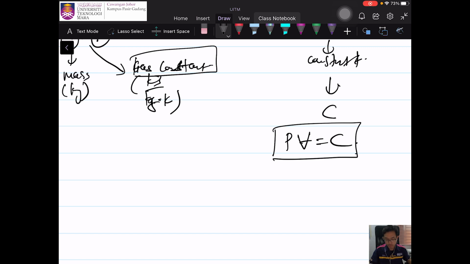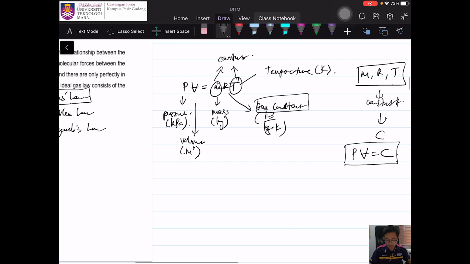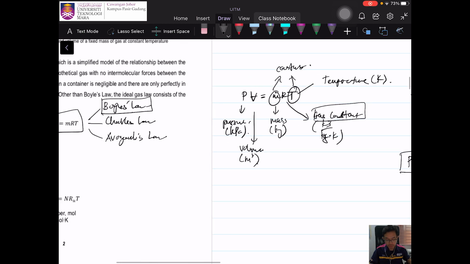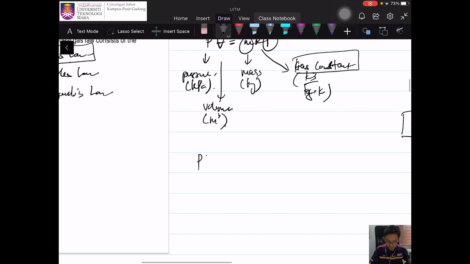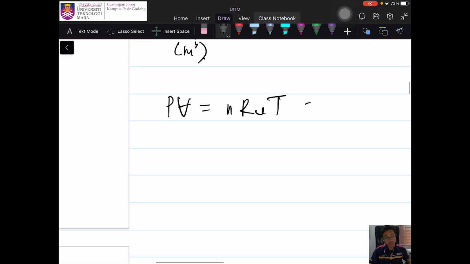Okay, so in the other equation, which uses the number of moles for the ideal gas equation, PV equal to N Ru T, this equation is also related to Boyle's law, but the only difference is that the number of moles replaces the mass of the gas.